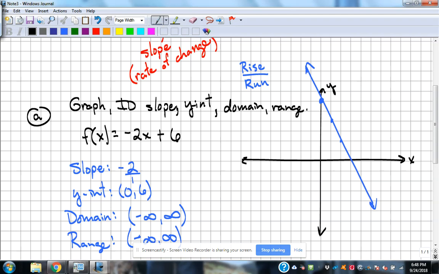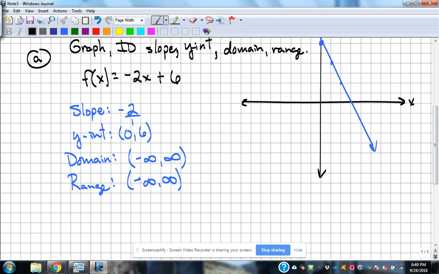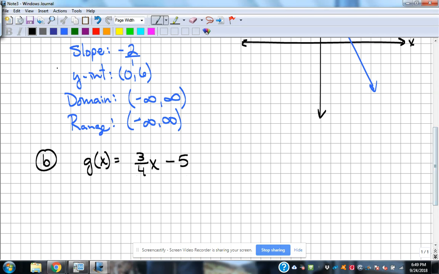We're going to do a few more of these and show you some more of this stuff, and it'll start catching a little bit more. Here's another function, g of x, 3/4 x minus 5. Again, we want to tell the slope and tell the y-intercept.